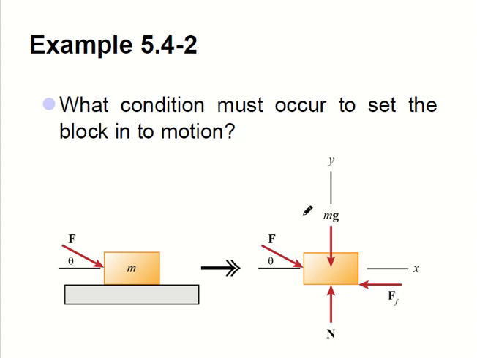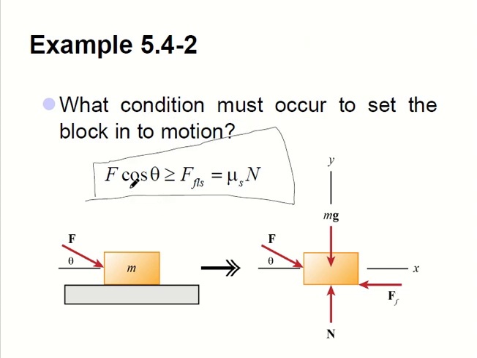Okay, all right. So now what condition must happen to set the block into motion? Now we want to go. So therefore we have to overcome this friction. So now we're going to write that down. And here is the force, magnitude that has to be bigger than this guy there. And the friction is your static friction that has to be overcome, because static friction is the one that is halting this object from going into motion.